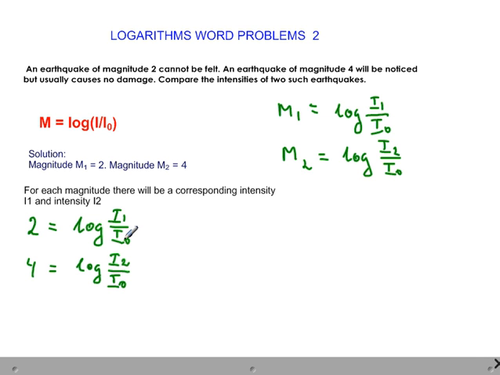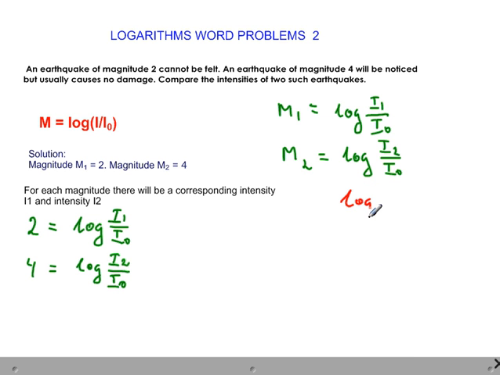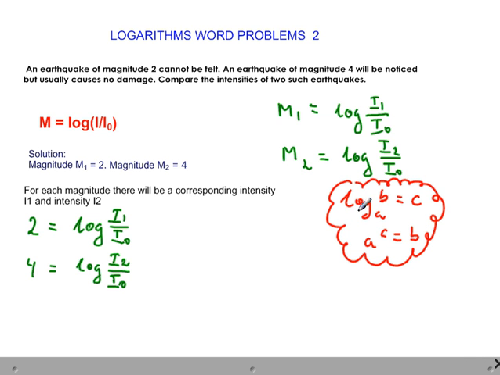So we have to change this logarithm into an exponent. I want you to recall the following property. If I have log base A of B equal to C, I can convert it into exponents as A to the exponent C is equal to B. So this is something that we are going to use to solve our equation.